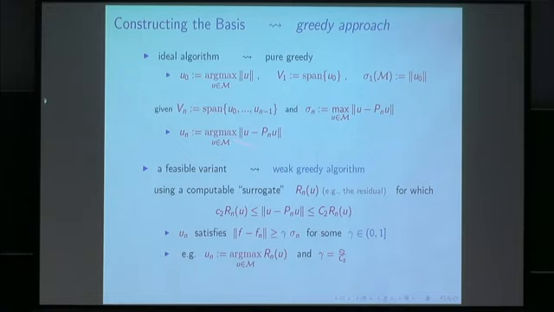Instead of finding the element which has the maximal distance, we want to find the element which is within gamma from that maximal distance, where gamma is a number between 0 and 1. Of course, if gamma equals 1, this is the best possible element, and that is the pure greedy algorithm. But in the weak greedy, we usually take gamma 1/2 or something.